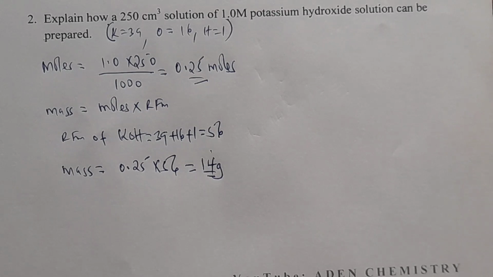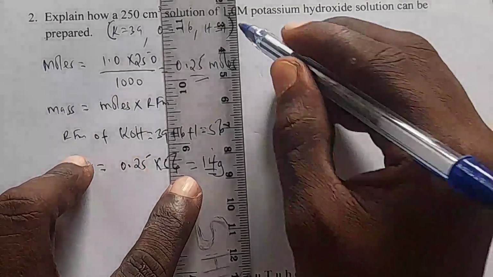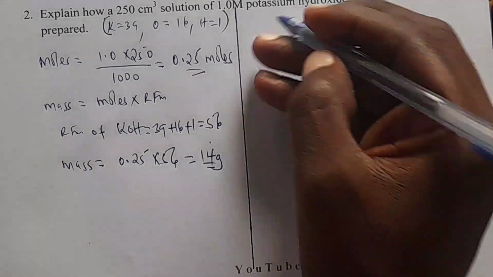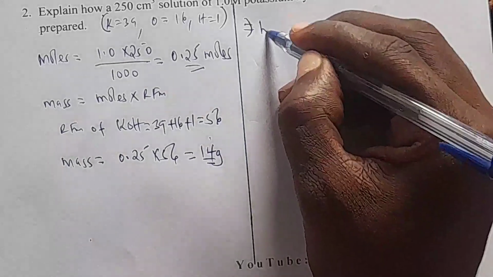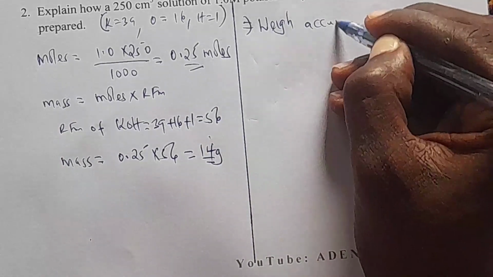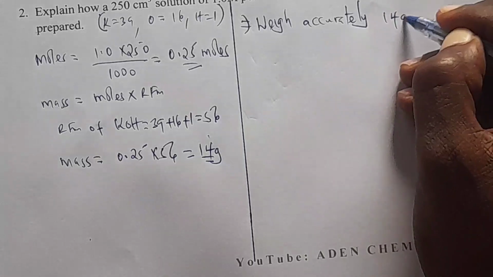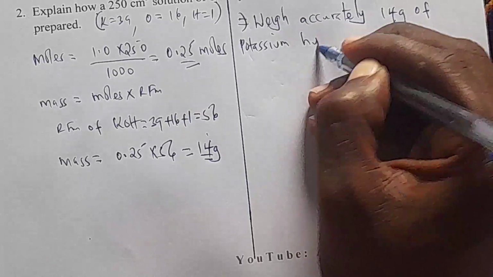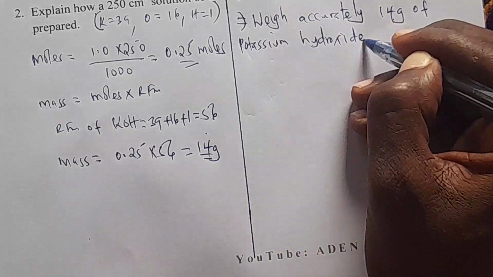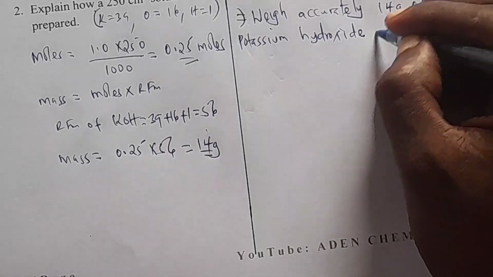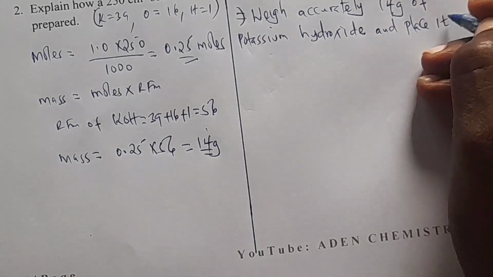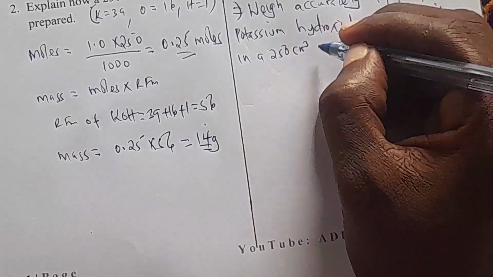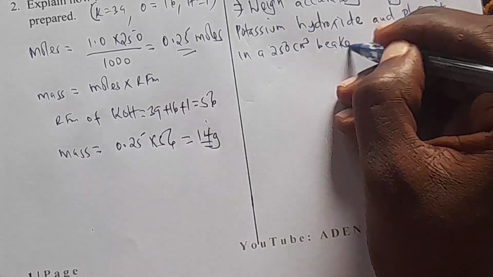Okay, so if we have our mass, we are going to use only the original procedure in our question number 1. Then we are going to change only some small parts. So the first step, we are going to say weigh accurately 14 grams of potassium hydroxide pellets, or potassium hydroxide, and place it in a 250 centimeter cube beaker, full stop.